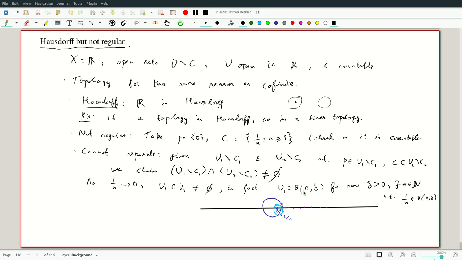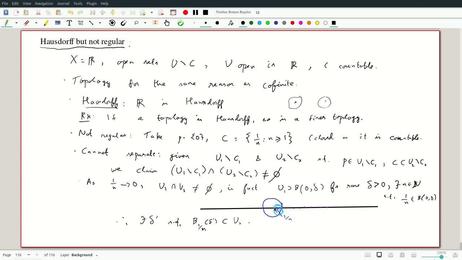I changed my notation a little bit; this is another standard notation for a ball. So now we have 1 over n belongs to this ball, and therefore there exists some delta prime such that, switching back to the usual notation, the ball around 1 over n of radius delta prime is contained in the set U2.